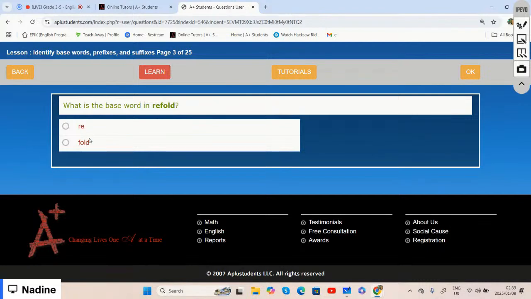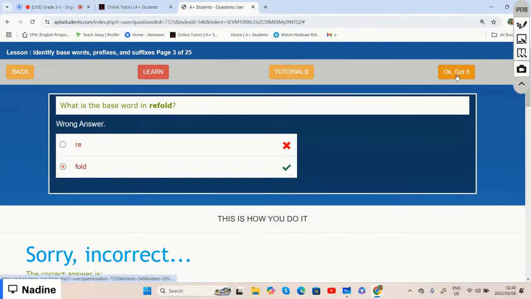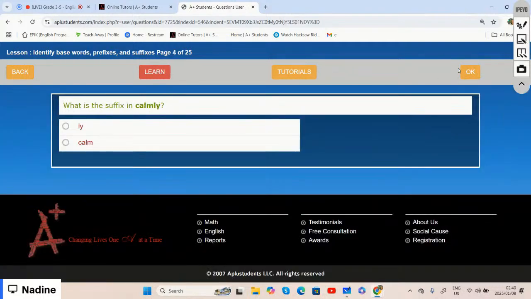If we were to select the base word of the word refold, then yes, well done, it is option two. Sorry, the base word is fold. It's the word that can stand on its own. The prefix is re. Well done. Fold.